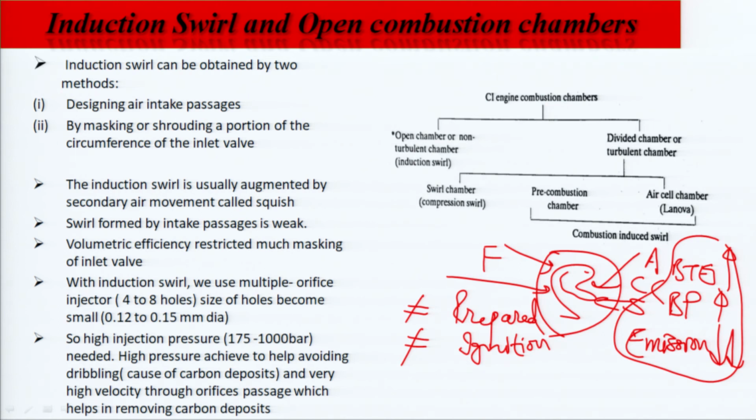and the one which uses induction swirl. Swirl is nothing but organized air movement, because in a CI engine there is only air which is sucked during the suction stroke.